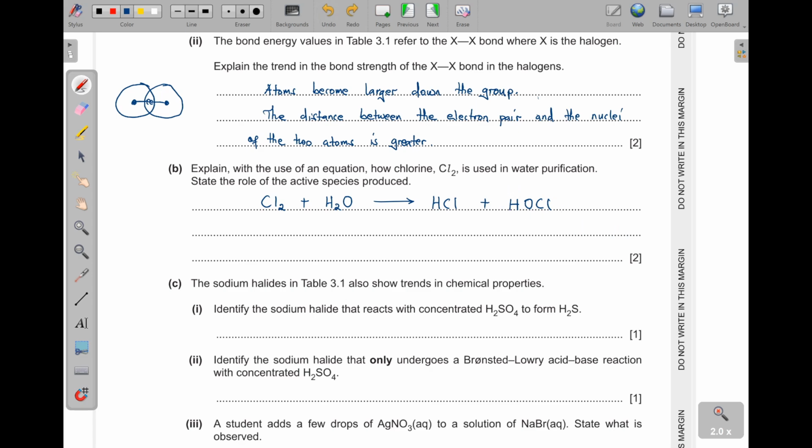So we shall say HOCl or ClO minus is responsible. What is the role? I can actually just say this one kills bacteria in that water, as simple as that.